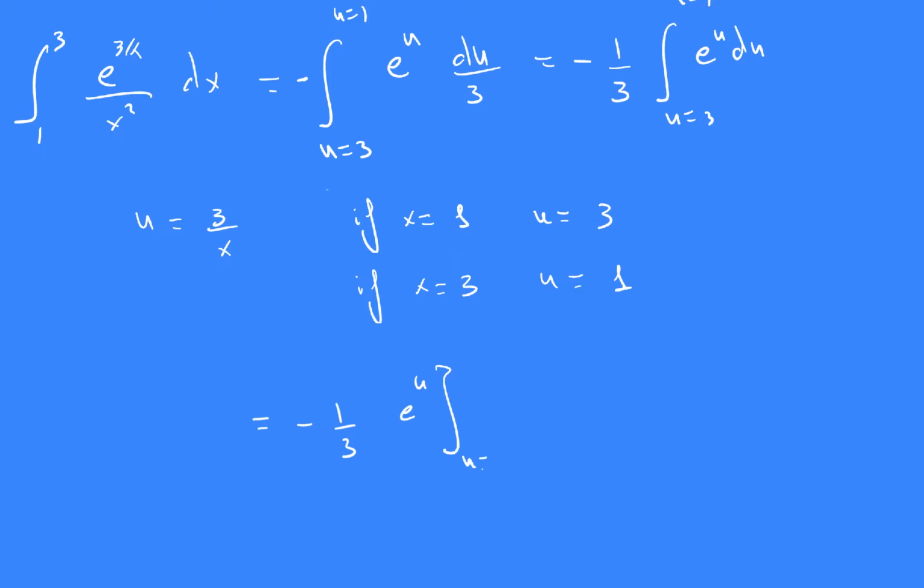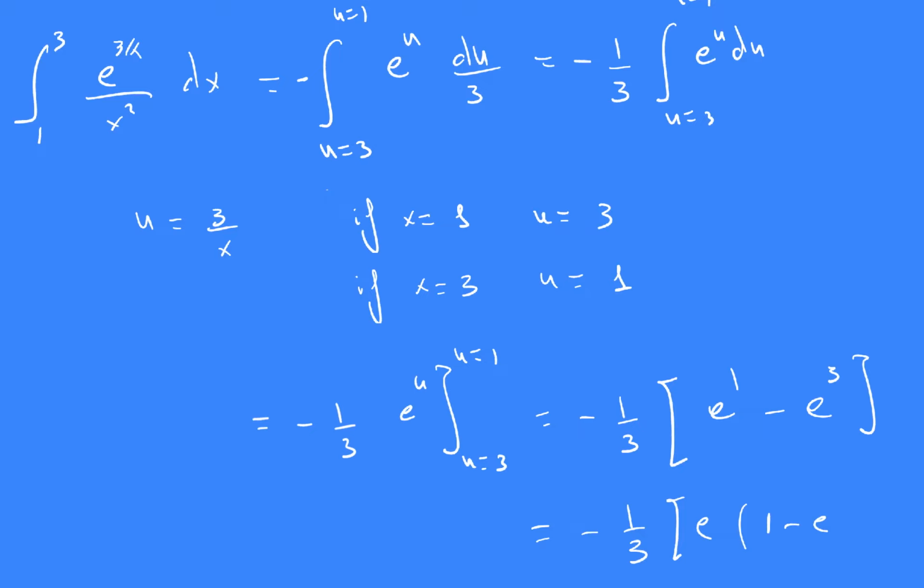So from u equal 3 to u equal 1, it will be minus 1/3 multiplied by e to the 1 minus e to the 3. So it will be minus 1/3 e times 1 minus e squared. And this is the final result.